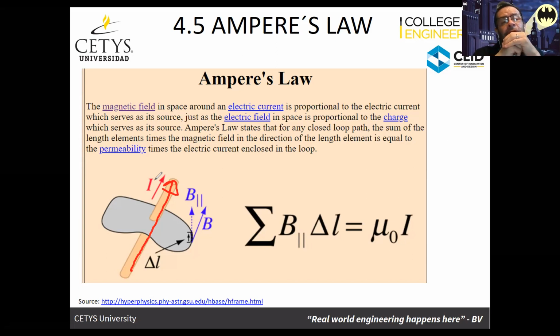That magnetic field is going to be proportional to the charges that are moving, that are generating this electrical current. It's also going to have to do with the length of the conductor, which somehow has to do with the geometry of the conductor where the current is going through.